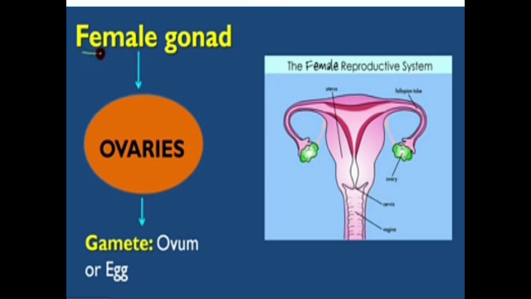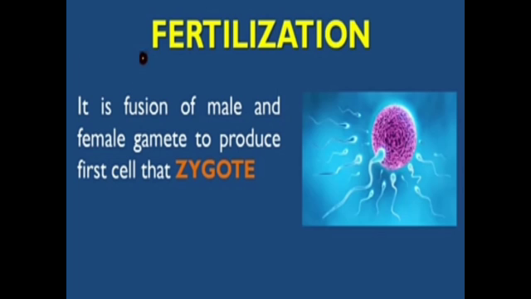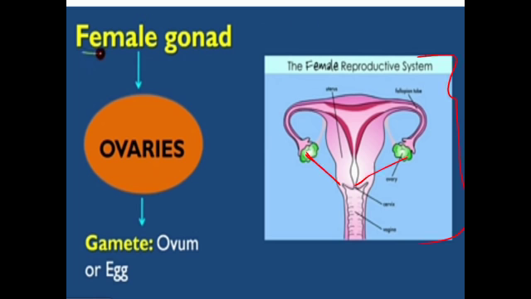Then the female gonad is the ovary. This is the female reproductive system. This green colored part is the ovary. They are a pair of ovaries, and the ovary produces the gamete, that is ovum, or we can say egg. Now let's see the detailed structure of the female reproductive system.